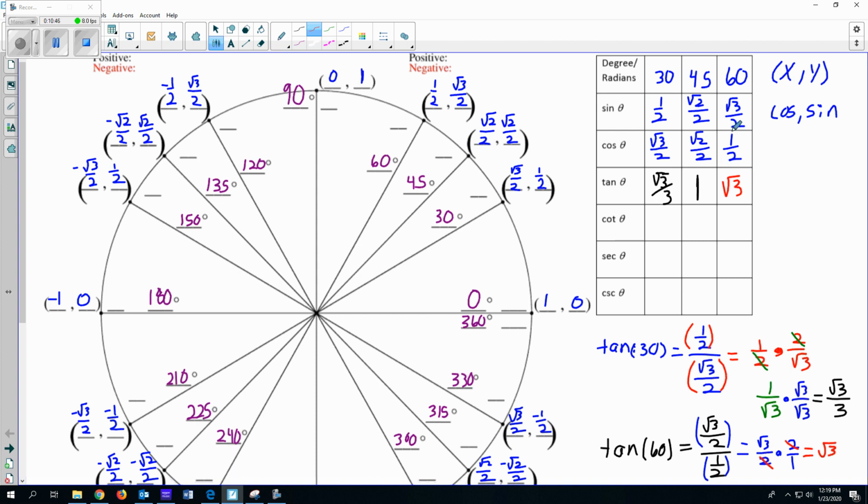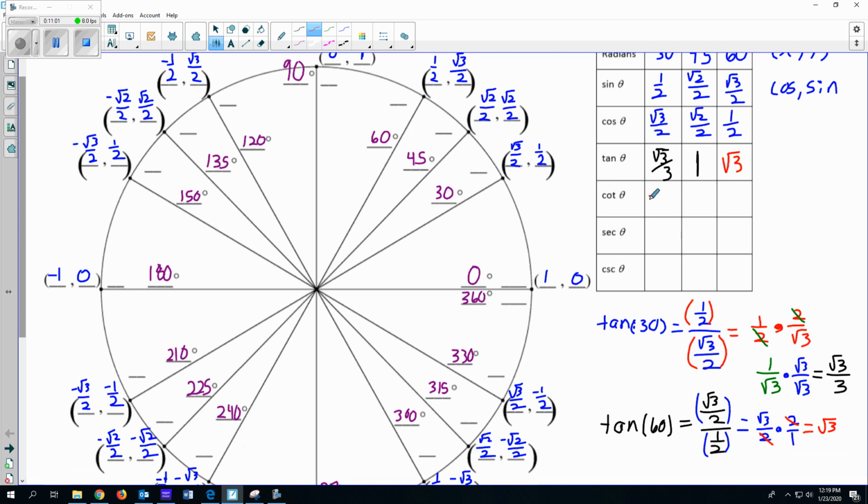So you don't have to repeat it. So everything's just going to go in the reverse order from tangent. So we're going to go square root of 3 here, sorry, it's acting up on me again. Square root of 3 here, and then we'll have a 1 here, and then on the back end we'll have square root of 3 over 3. Okay.